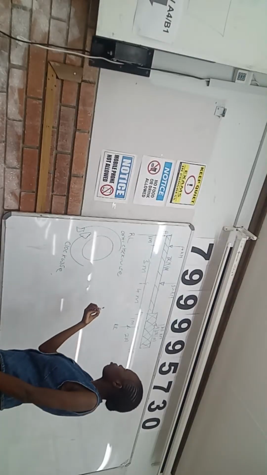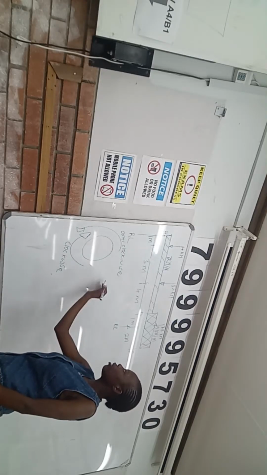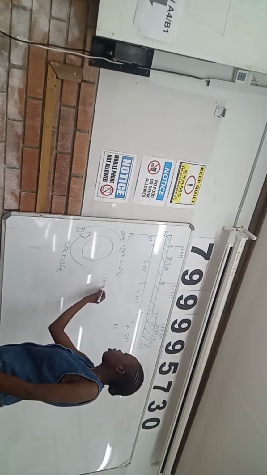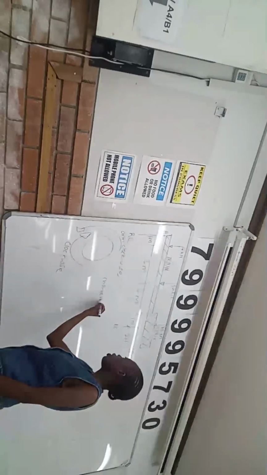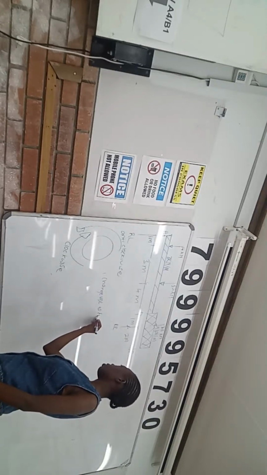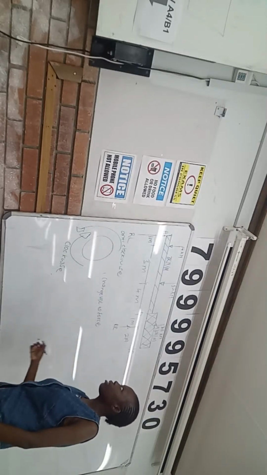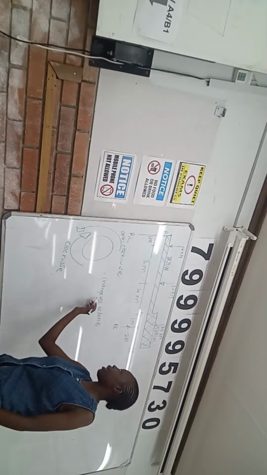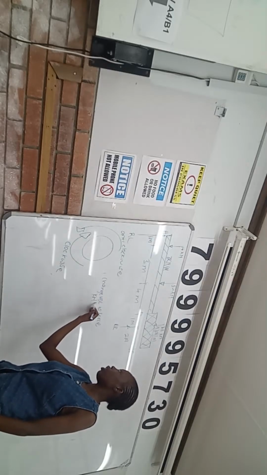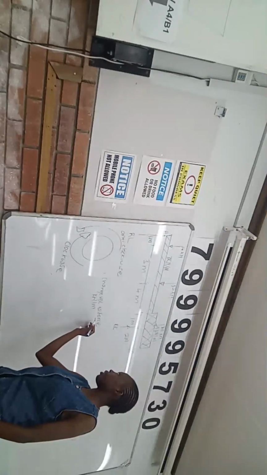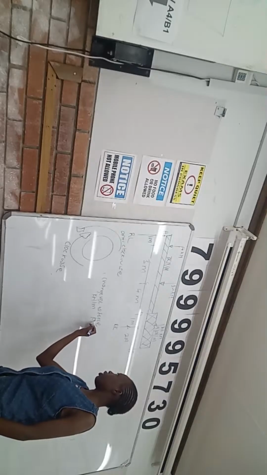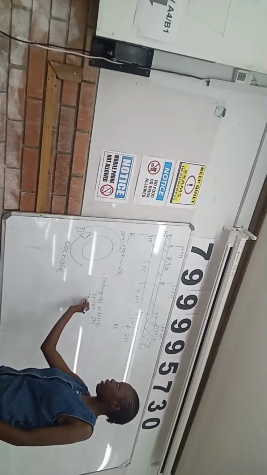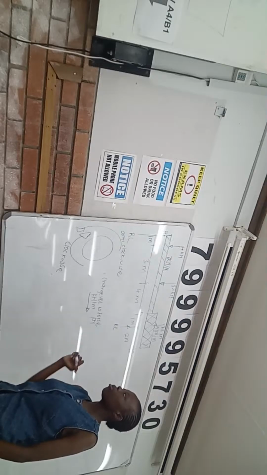So the first thing we need to do is change the UDL to force. You can identify a UDL because it has kilonewton per meter, and a force is kilonewton. So we are converting from kilonewton per meter to kilonewton.